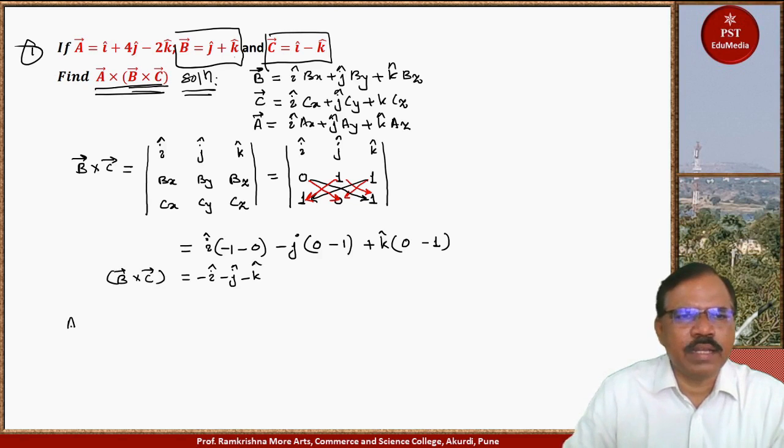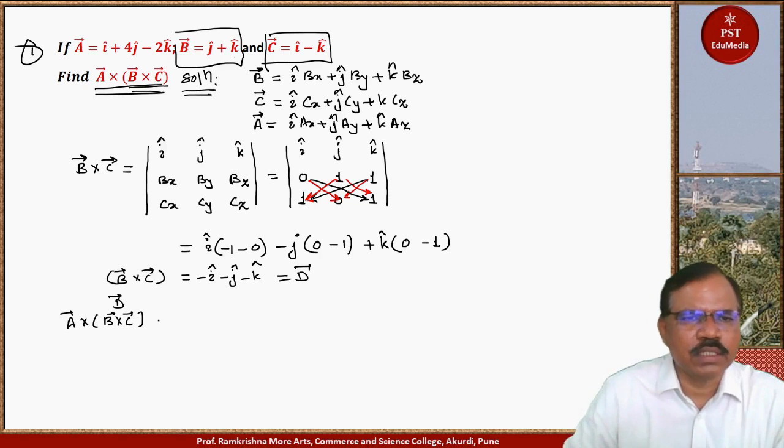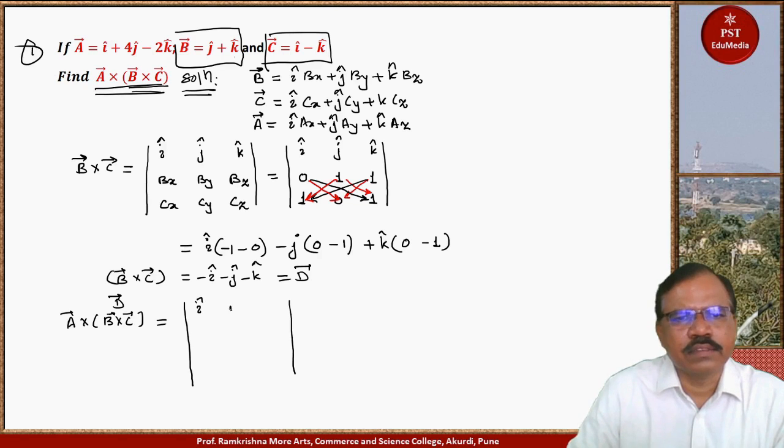Now we have to find A cross B cross C. How can we find? We can call this vector D. So this is vector D, with dx, dy, dz components. We can use the matrix method. I, J, K. Now Ax, Ay, Az.